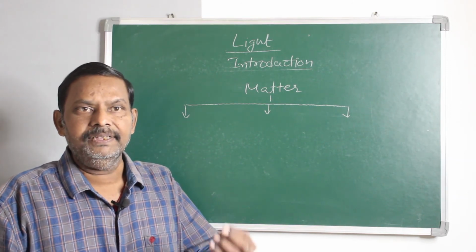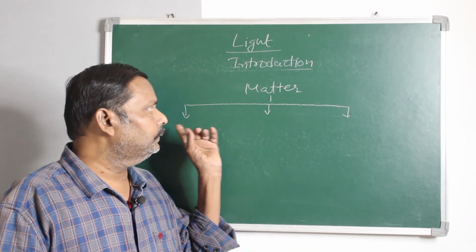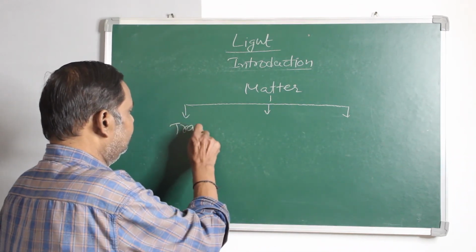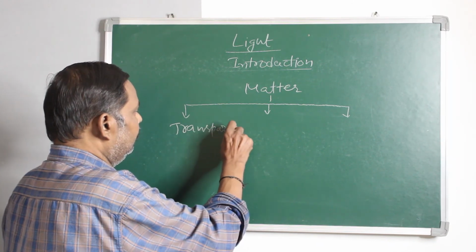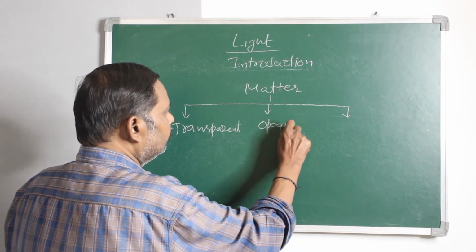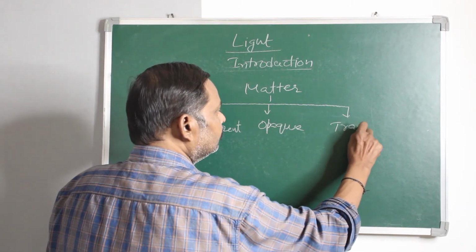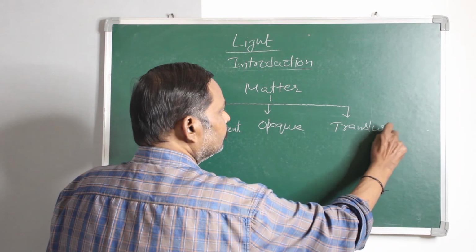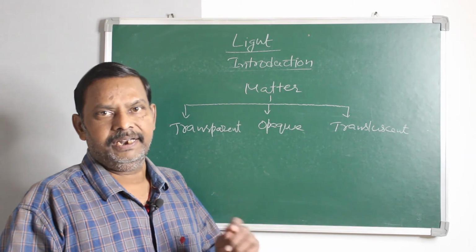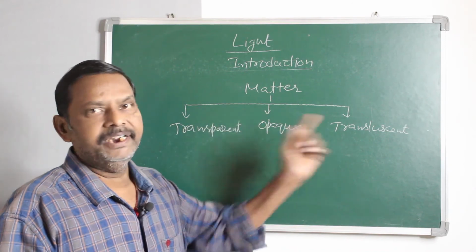Depending upon the ability of the matter to allow the light rays to pass through, matter is divided into three types.